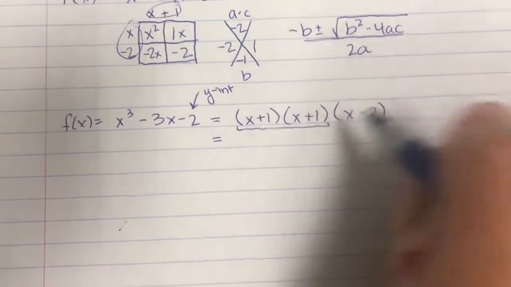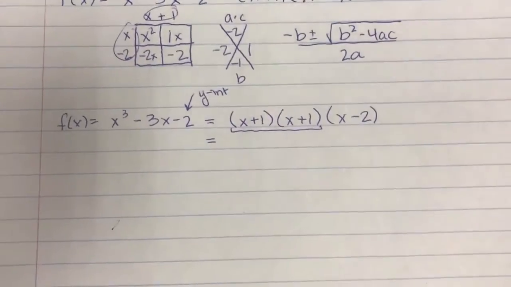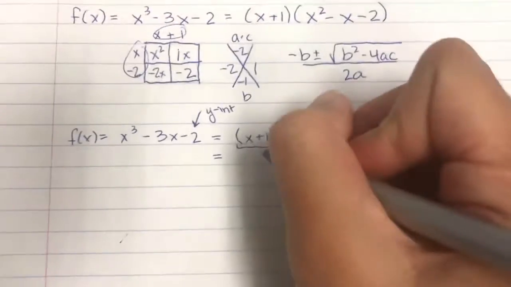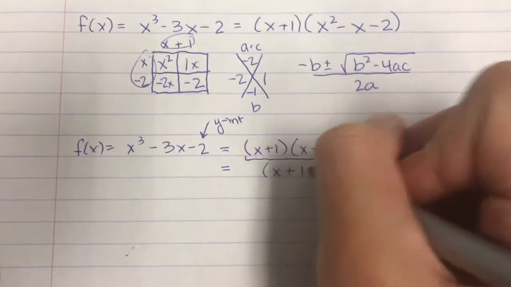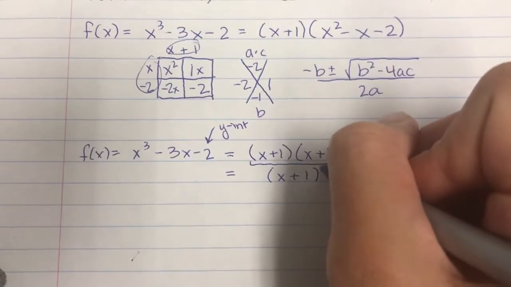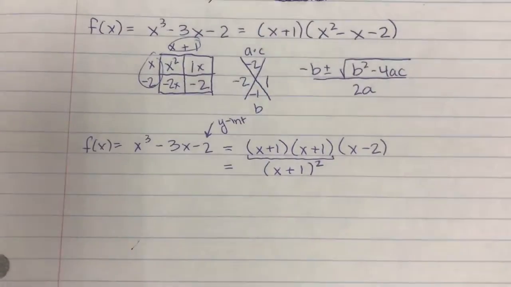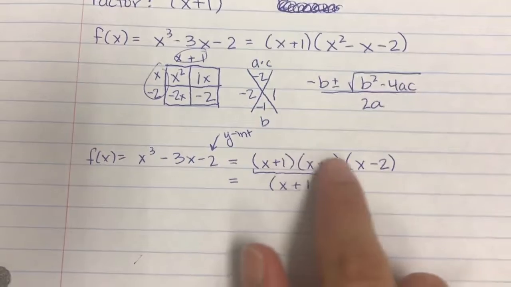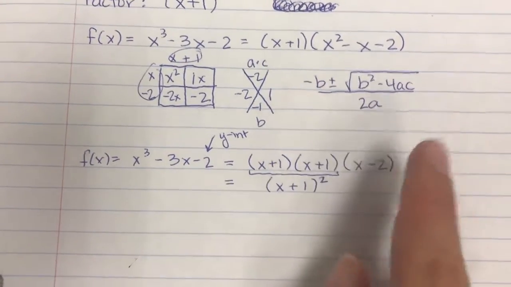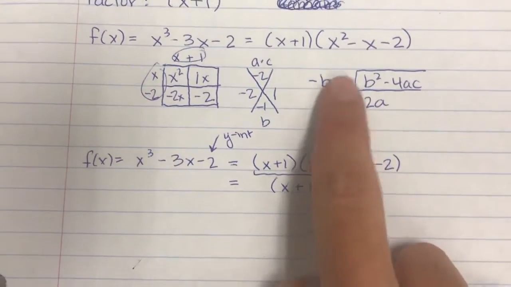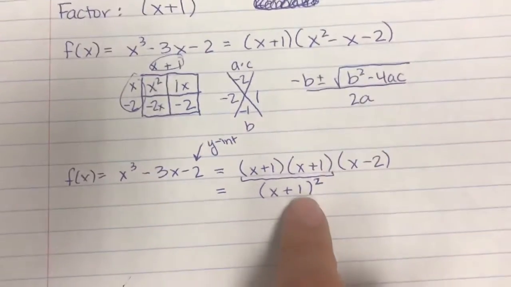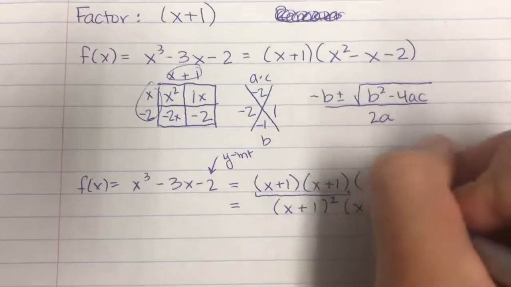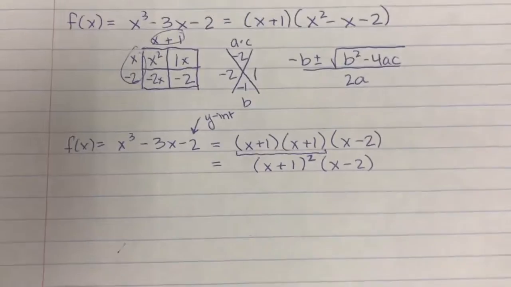I have two factors that look the same, which means I've got an x plus 1 squared. Now this is okay. I haven't changed the nice factored form because the exponent's on the outside of the parentheses, not like before when it was inside. So this is good. And then don't forget your x minus 2. We can't leave the x minus 2 behind.